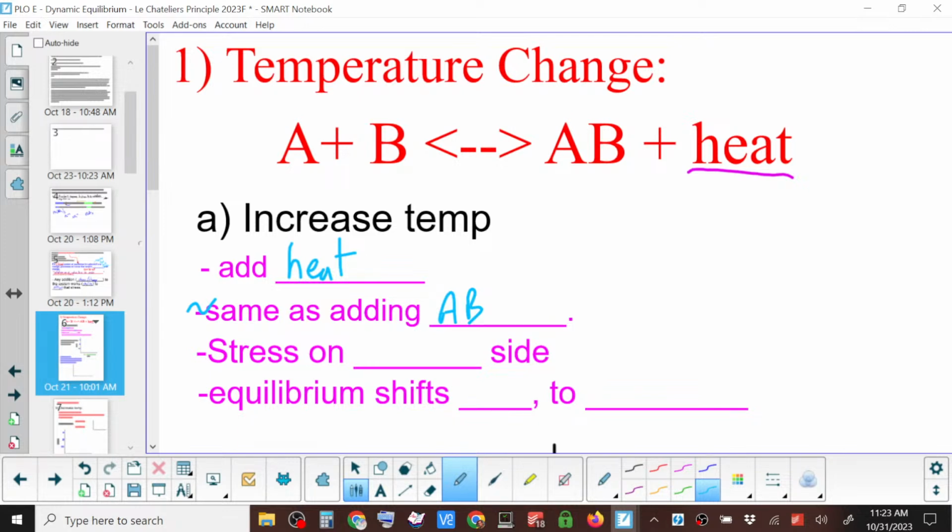That stress is on the product side. And the stress on the product side is that we have too much, so which way is it going to shift? To the reactants, left. Do start getting used to saying reactants as well, because that's how we're going to define most things.